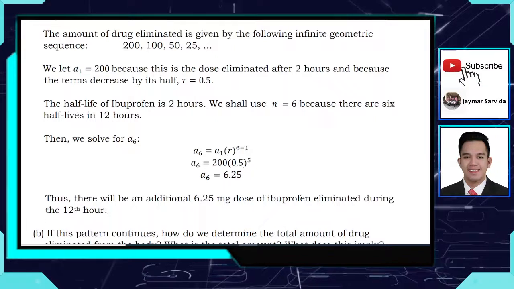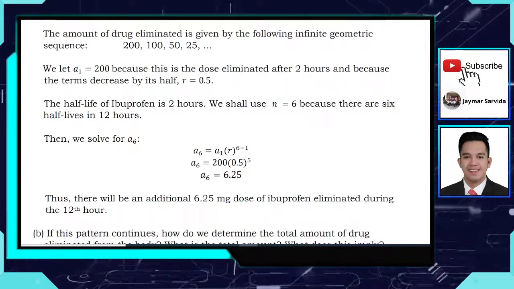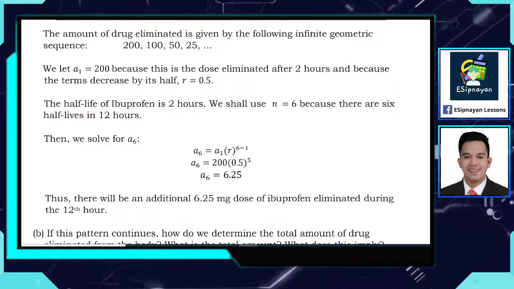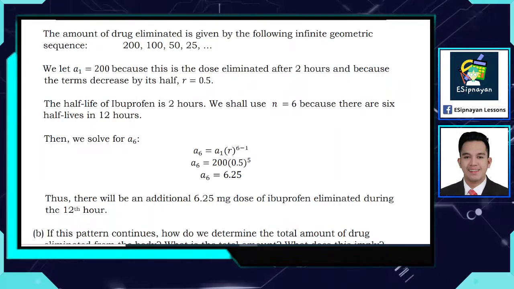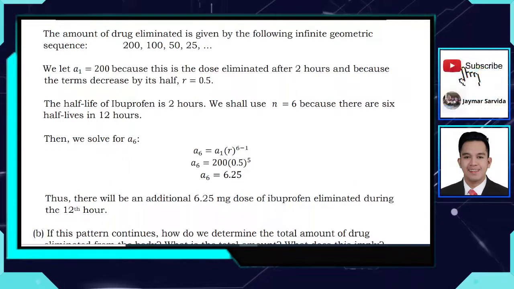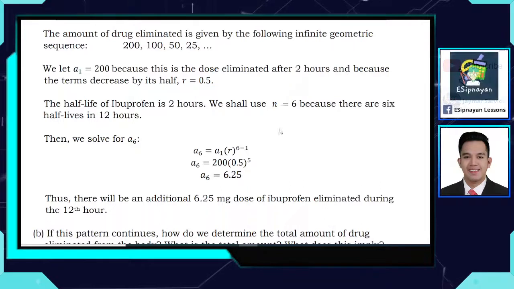Unahin tong exponent, so 6 minus 1 is 5. Then, 0.5 raised to 5 is 0.03125 times 200, that is 6.25. Okay, again?